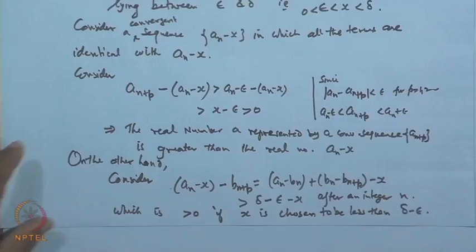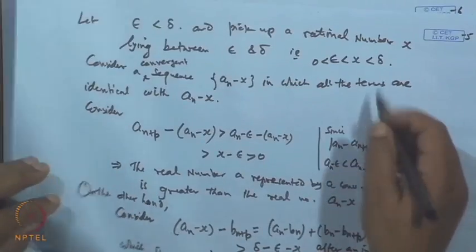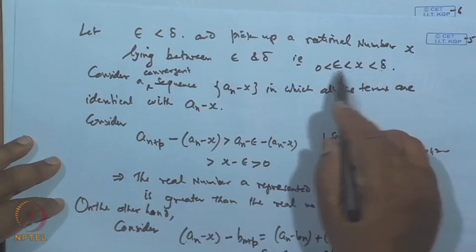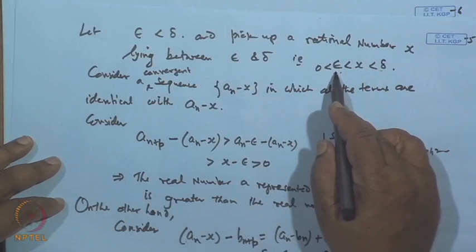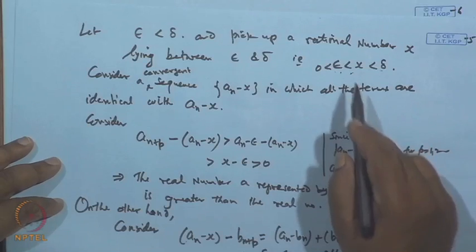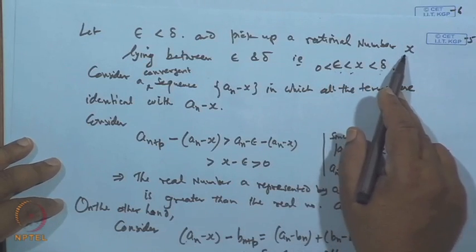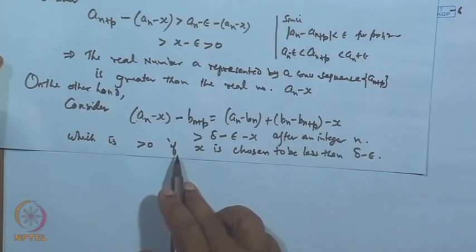If I choose x to be less than delta minus epsilon, because what is there? This delta here, epsilon. So, delta minus epsilon is a positive quantity. So, if I take any number x which is less than delta minus epsilon, then for that particular x, this term will be greater than 0.